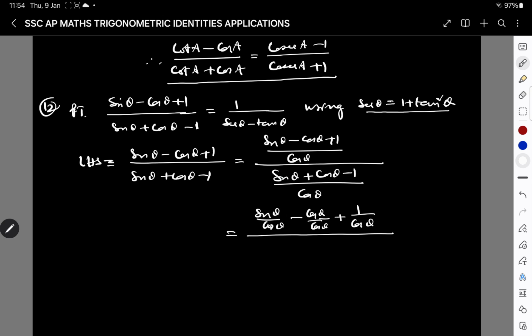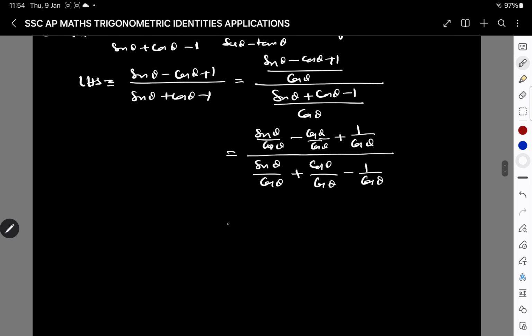That is, sin theta by cos theta plus cos theta by cos theta minus 1 by cos theta. So this is equal to sin by cos, which is tan theta, cos I can cancel, 1 by cos theta is secant theta, by tan plus 1 minus secant theta. So this is what you got.